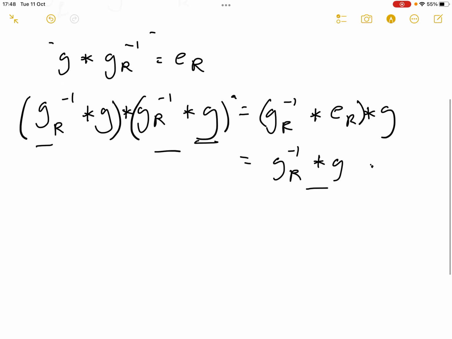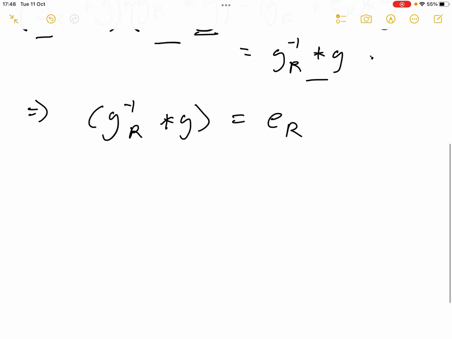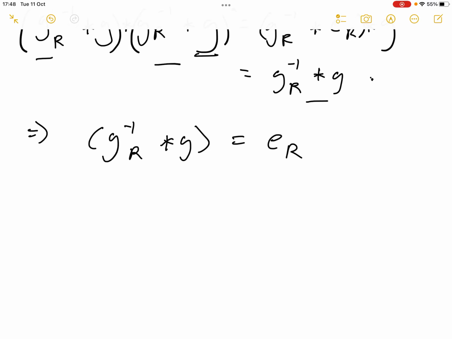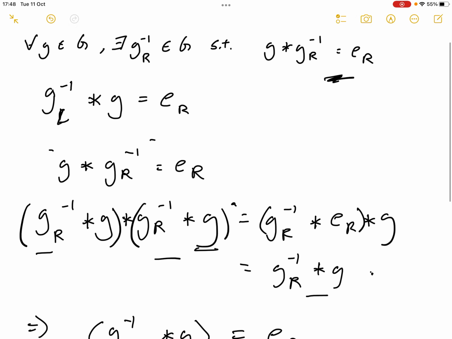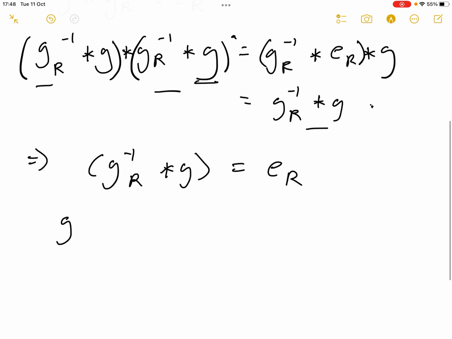Okay, and then what we'll get is that G inverse R star G is equal to E R. So basically we used the rule we said here, and what we got is that we just found out what the left inverse is, and it actually turns out the left inverse is equal to the right inverse.